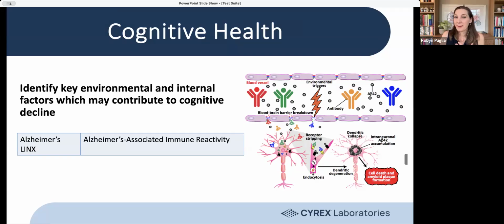So it is one of our panels that has the broadest range of antigen types in one panel because we're looking at foods, infections, toxins, and autoantibodies all in a single panel, including the antibodies to the neurological tissue and then all of the different environmental triggers that cross-react with those antibodies, giving us a really comprehensive assessment for the development of cognitive decline.